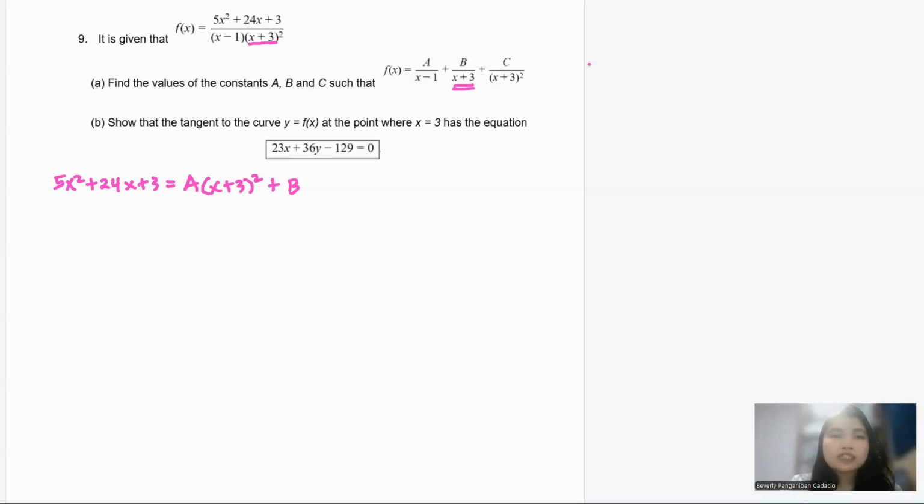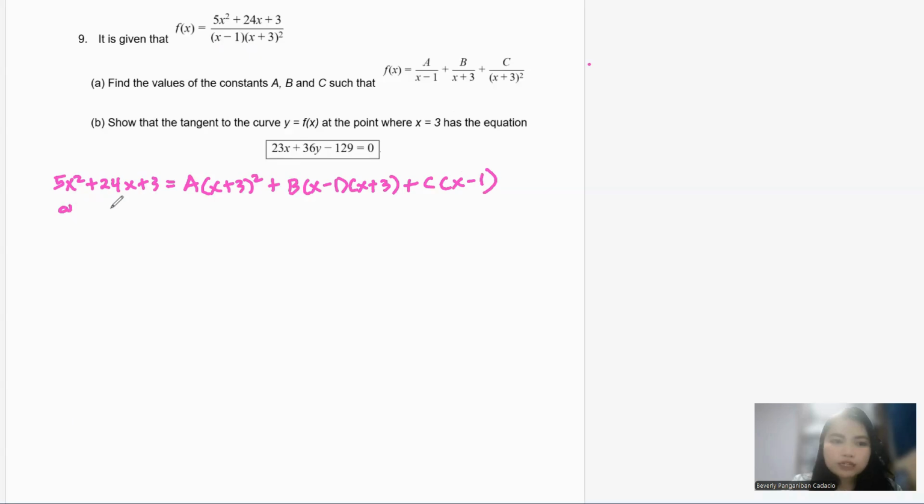Here you still have the (x minus 1) still, x minus 1 and then x plus 3 here. Now for the C, you already have the repeated double (x plus 3) there, so you don't need to put one more of the (x plus 3), but you can just put the (x minus 1). Okay, now I'm going to do substitution.